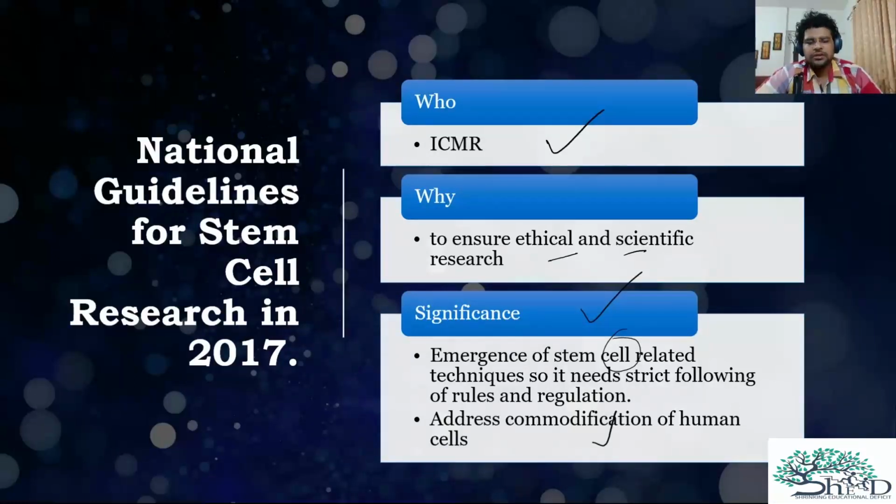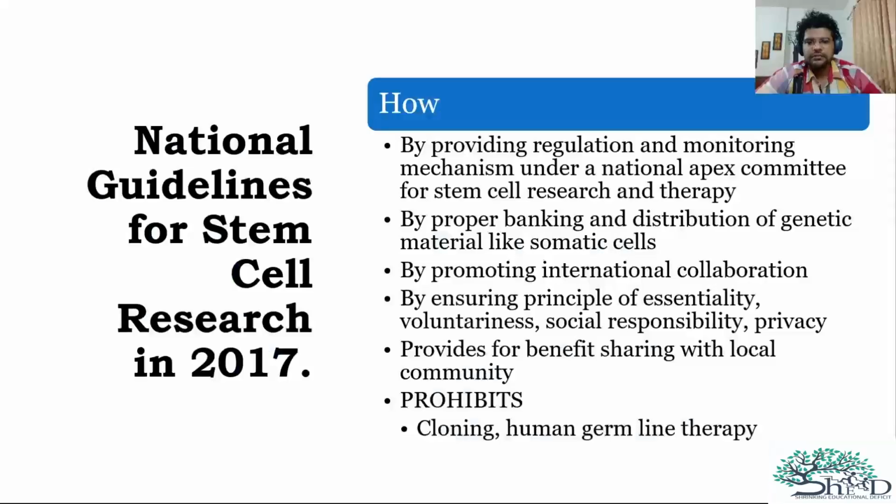Right now, stem cells, especially embryonic stem cells, may be used in ways that might lead to commodification of human cells and tissues. Right, you can compare this with commodification of women. They are treated as a commodity and not as a human. Similarly, something related might happen here. So these guidelines are issued to handle stem cells properly, right? So these are the three significances.